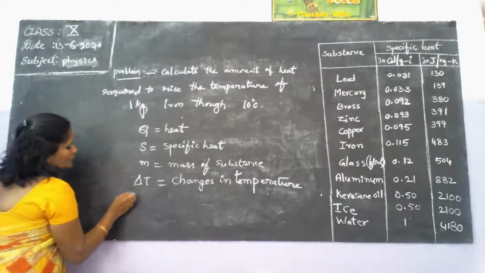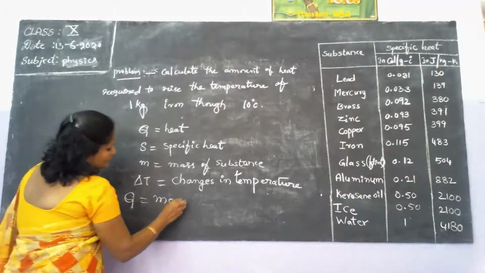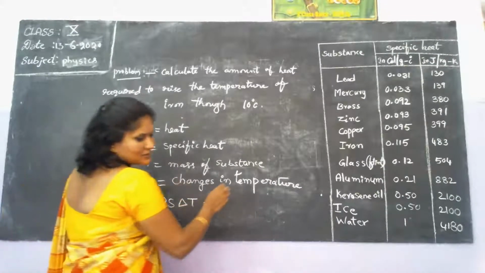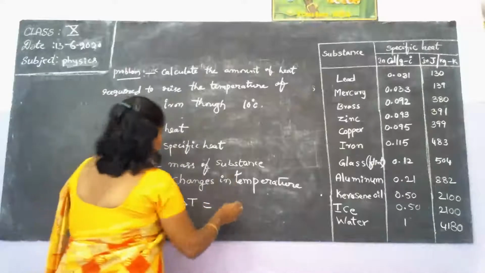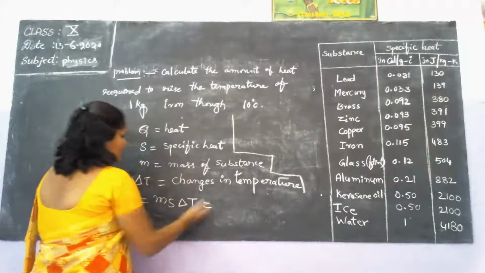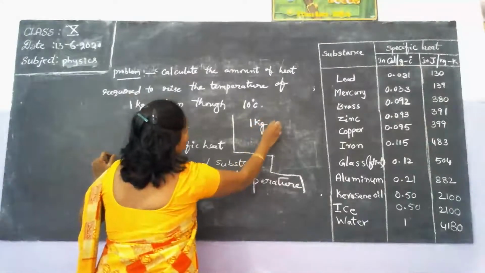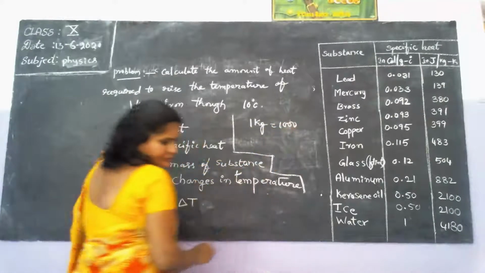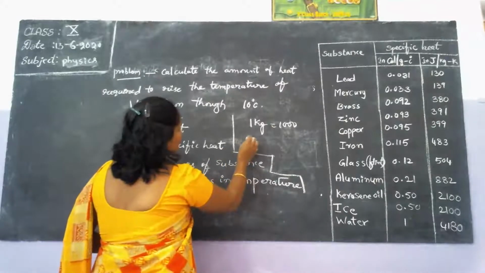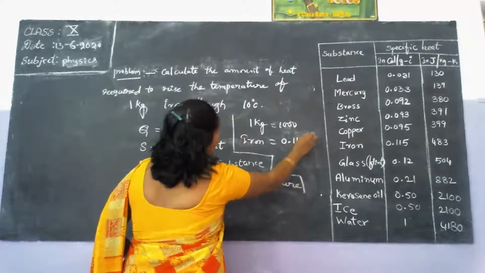The formula of heat is Q equals M S delta T. The mass of the substance equals 1 kg, that means 1000 grams. The specific heat of iron will be 0.115.